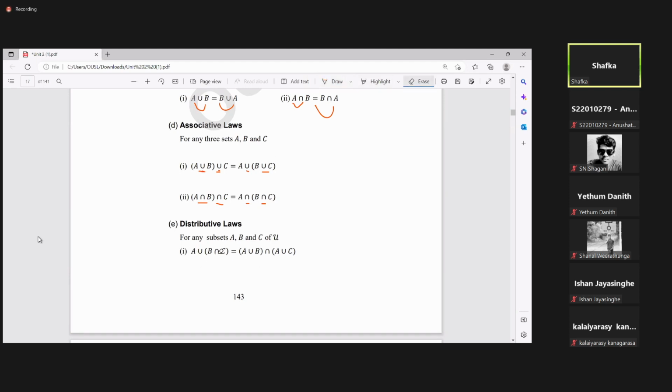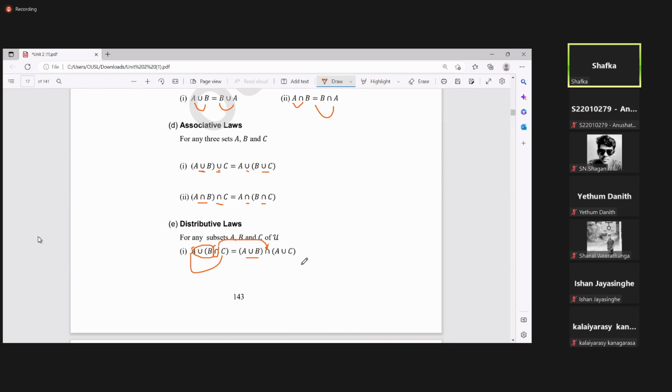If you have A union B intersection C, you have to take A union B, after that intersection, A union C. The middle operator comes here.